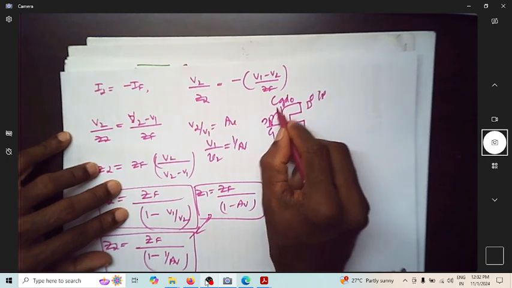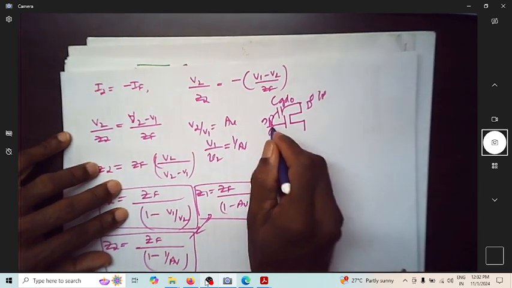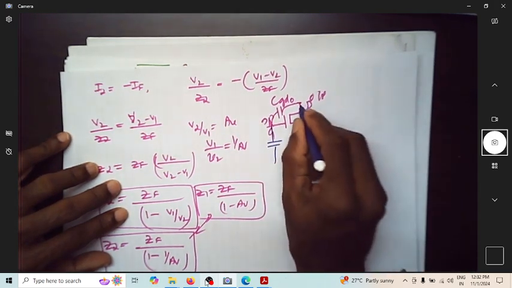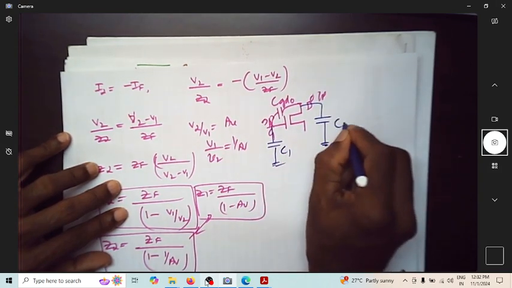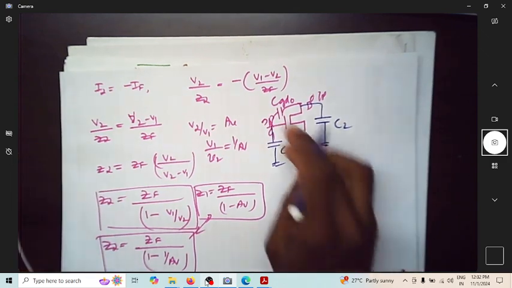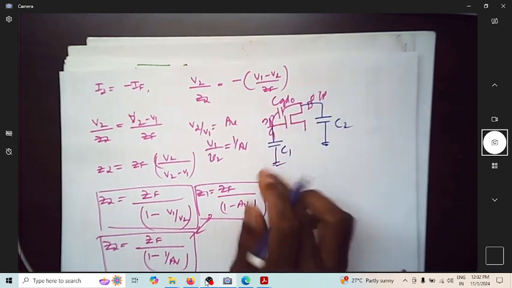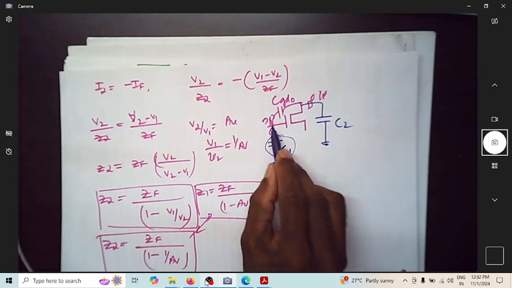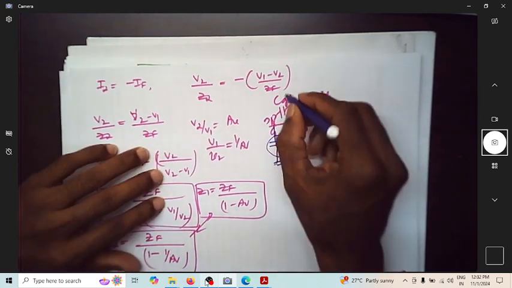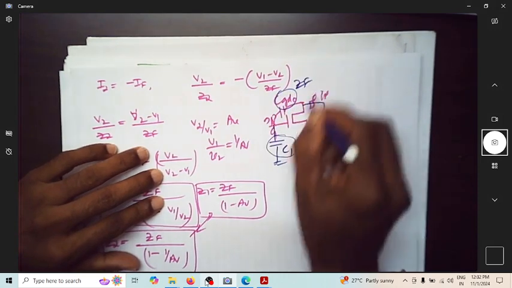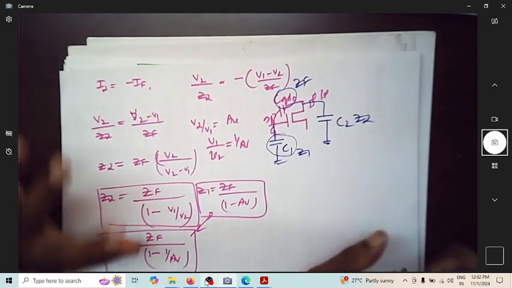I want to replace this CGDO, which is between this and this, as one capacitance here and other capacitance here. So I want to replace it as C1 and C2. This capacitance which is between input and output will be represented as two capacitances, one at the input side, one at the output side, where C1, this is like your ZF, this is like your Z1, this is like your Z2. So it is as simple as that.